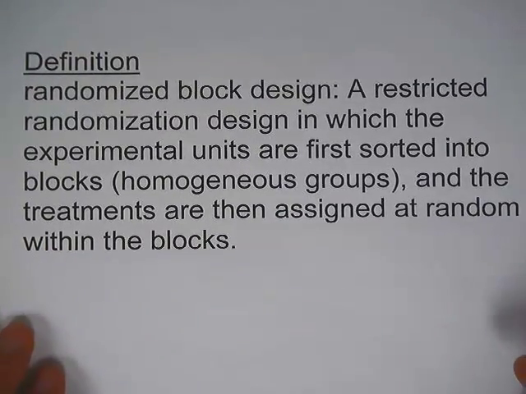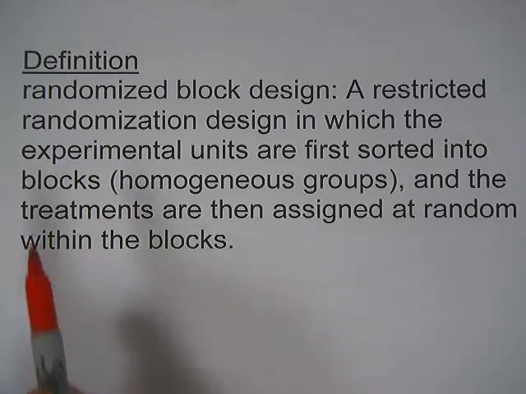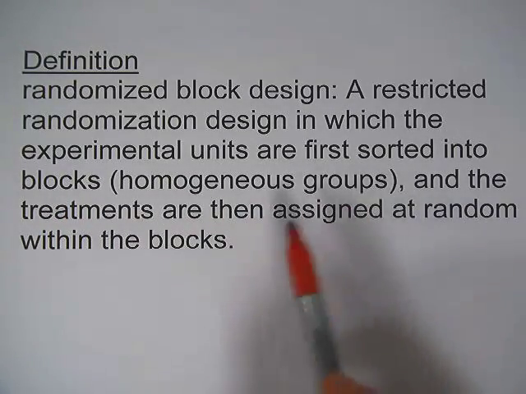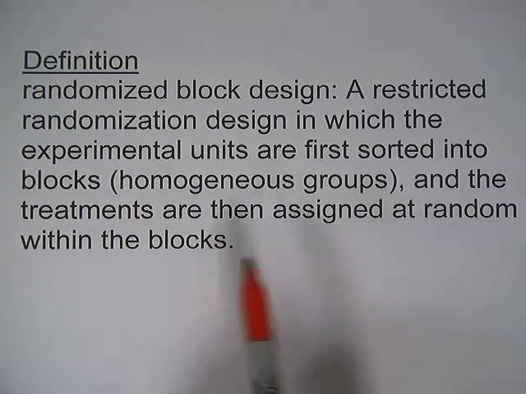Okay, so when you're using blocking in the design of your experiment, generally you're going to want to consider using the randomized block design. And that's defined as a restricted randomization design in which the experimental units are first sorted into blocks, which are those homogeneous groups, so in our case the age blocks, and treatments then are assigned at random within the blocks.